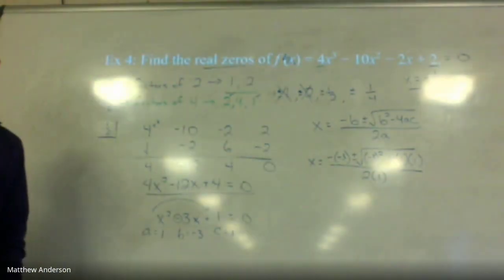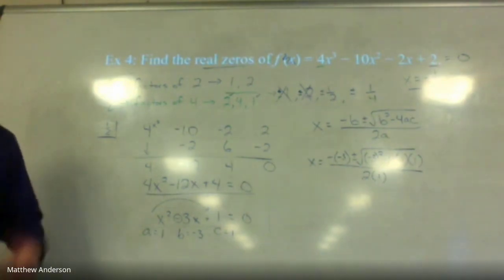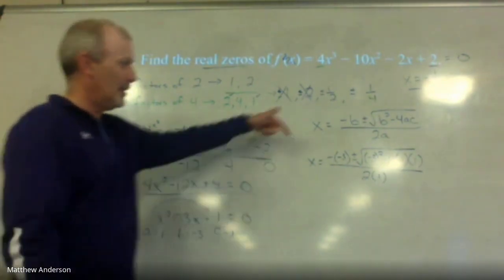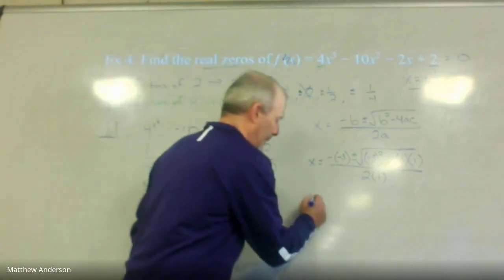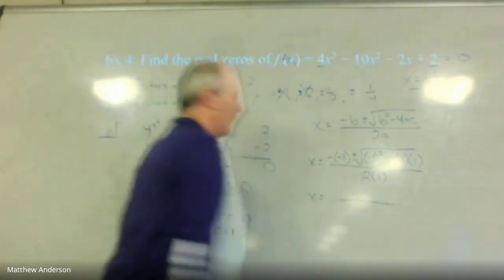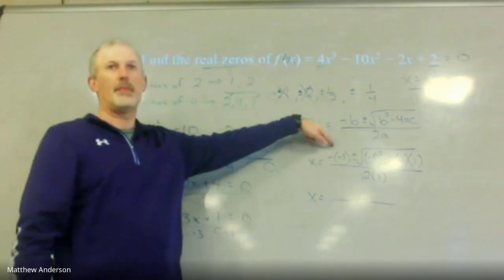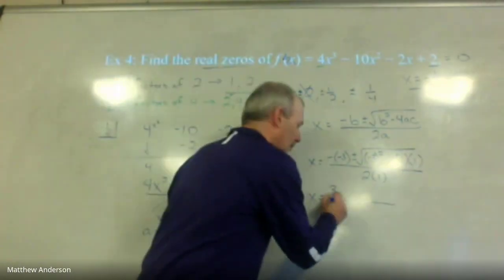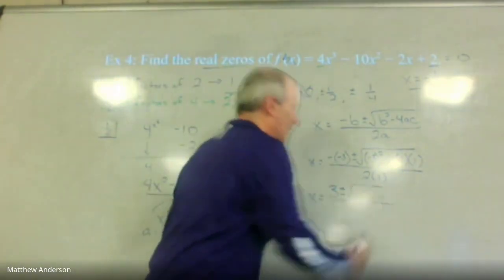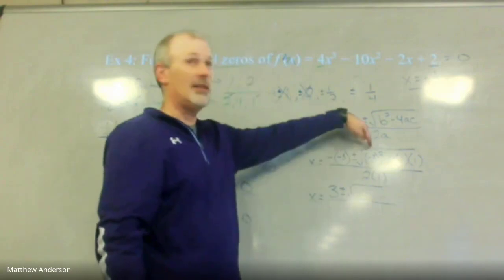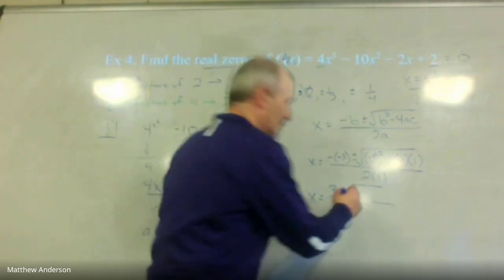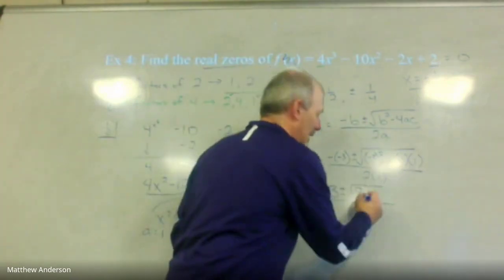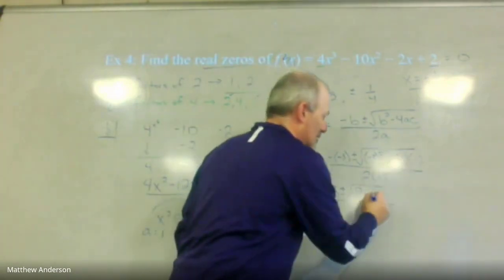So now that we've got all the blanks filled in, we've just got to start simplifying. What's the opposite of -3? +3. Plus or minus. Here we have -3 squared. -3 times -3 is 9. And then minus, and 4 times 1 times 1 is 4.